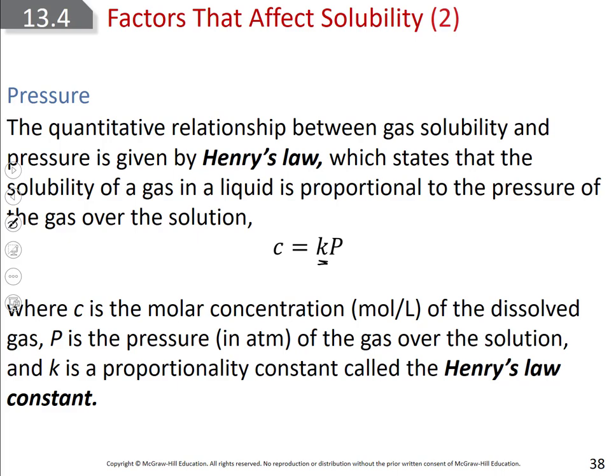So C here is in moles per liter, also known as molarity. P is the pressure in atmospheres, and K is your Henry's law constant. According to this, as you increase the pressure, what happens to the concentration of a substance? If I increase P, the pressure, what happens to C, my concentration?